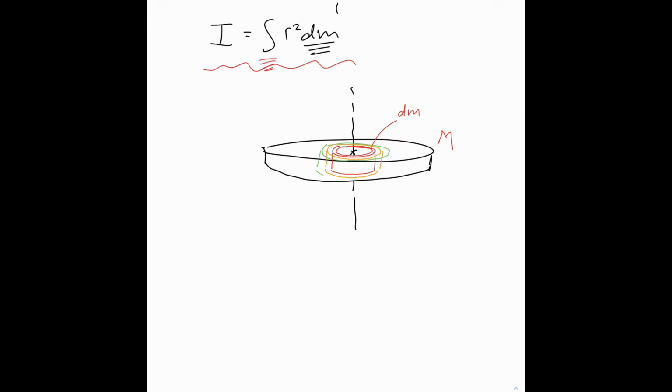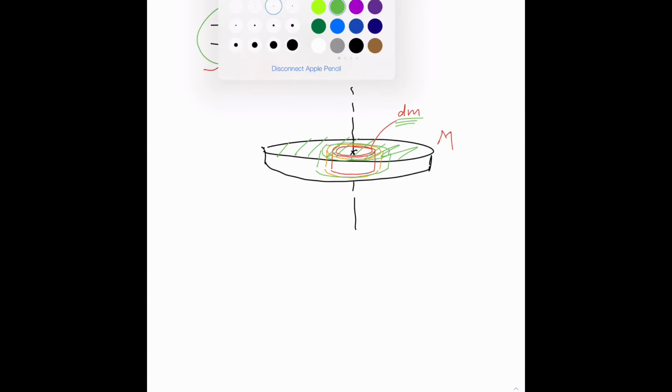And if I keep nesting these rings together like this, in the end I can build out a complete solid disk. So that's how I picture dm in this derivation, and it's very critical that you picture what dm represents in all of your derivations for rotational inertia. In fact, I'm going to take it a step further.